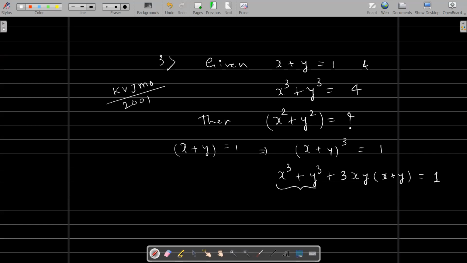Now x cube plus y cube is given to be 4. So 4 plus 3xy times (x plus y, which is 1) is 1. So 4 plus 3xy is 1, which means xy is minus 1.